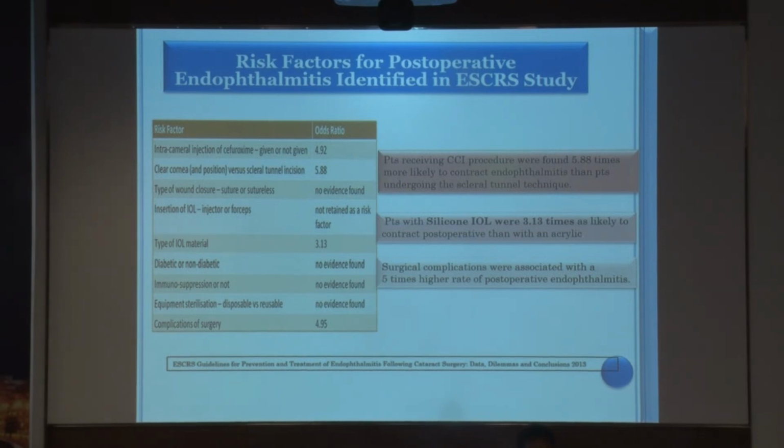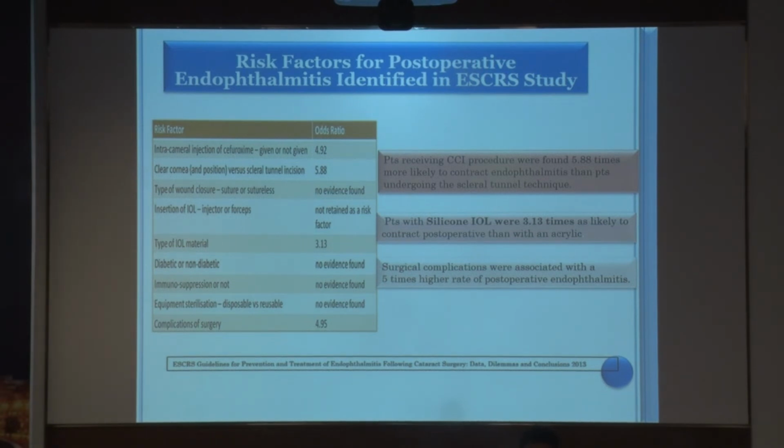And this is one study which was related to guidelines, like what kind of surgery resulted in more chance of endophthalmitis. People saw that clear corneal incisions had a slightly higher chance than scleral tunnel incisions.